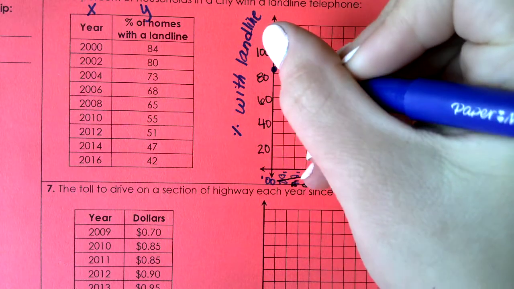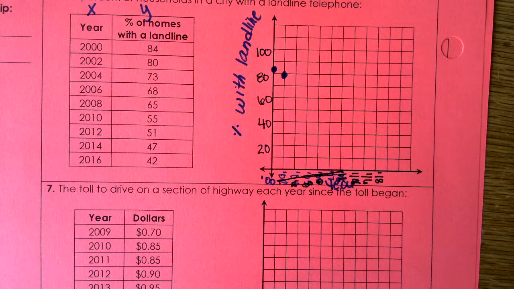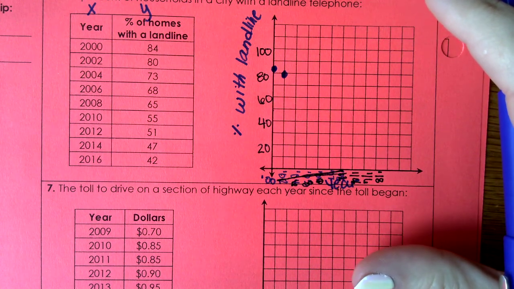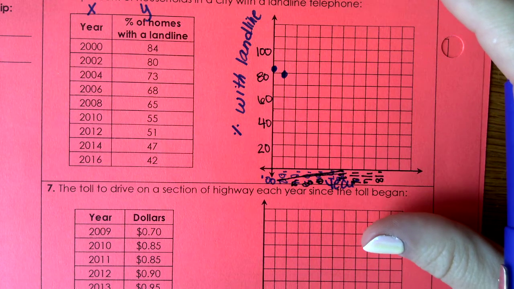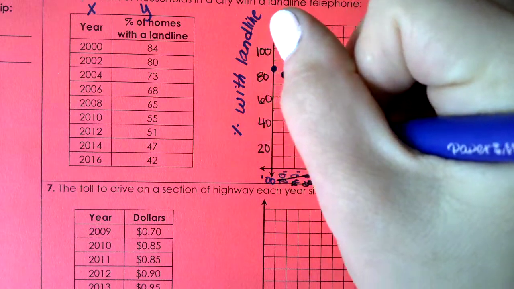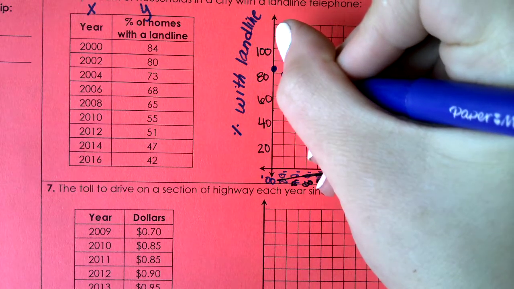So 2002 is now at 80%. 2004 is at 73. So again, just a little bit above that 70.